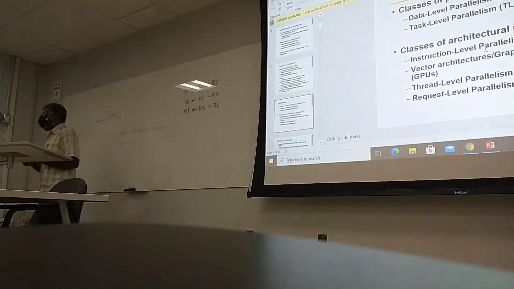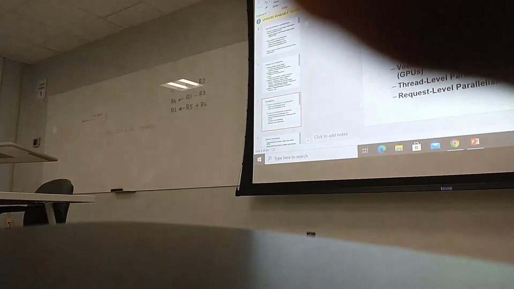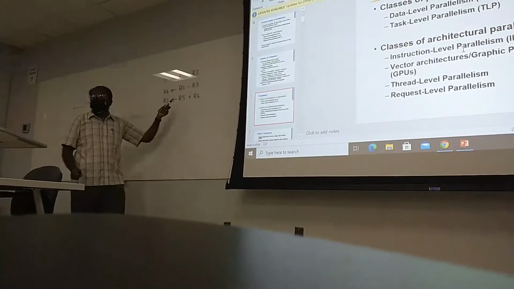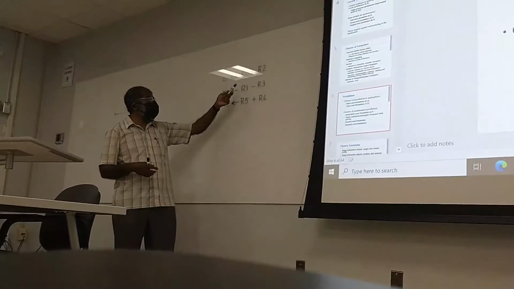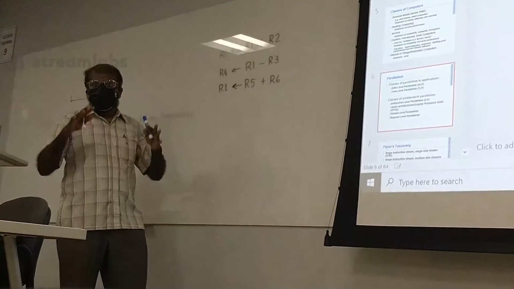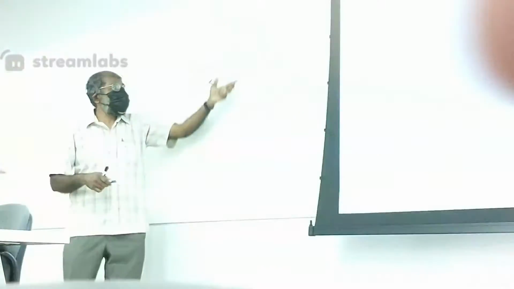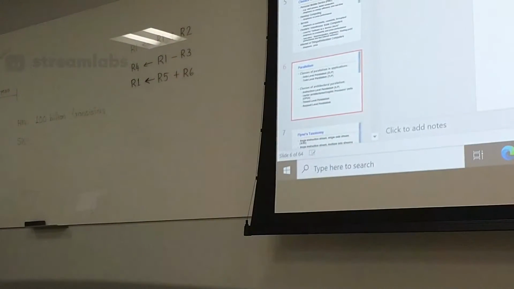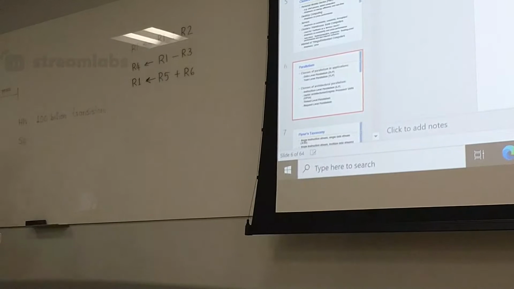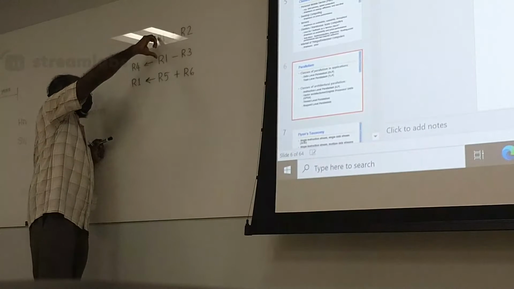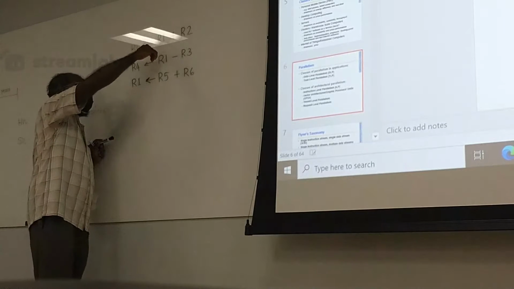Okay, let's consider this very short program. For convenience, I'm using this notation so that we don't need to stick to MIPS or any specific instructions or architecture. It's pretty clear what this is doing. Instruction level parallelism means trying to execute more than one instruction in parallel.